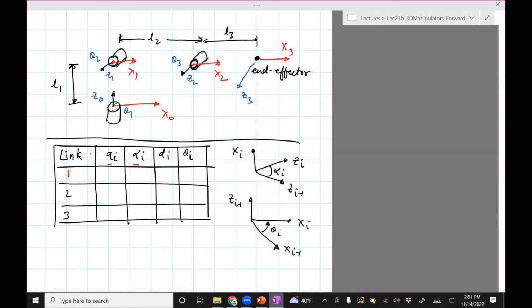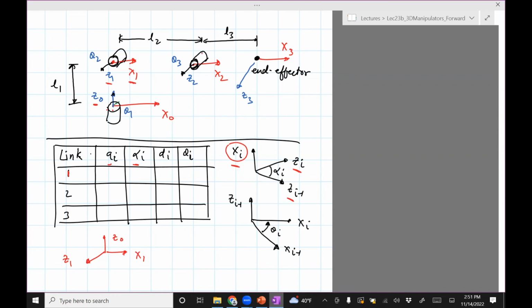For that, we look at this figure. So alpha i is going to be the angle between Z0 and Z1 about the X1 axis. So Z0 is here, Z1 is here about the X1 axis. So Z0 is up, Z1 is to the right, X1 is to the right.